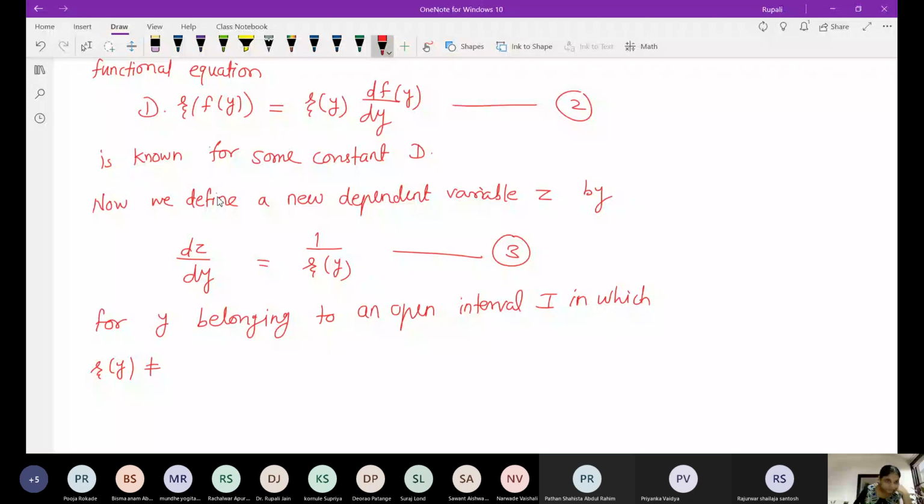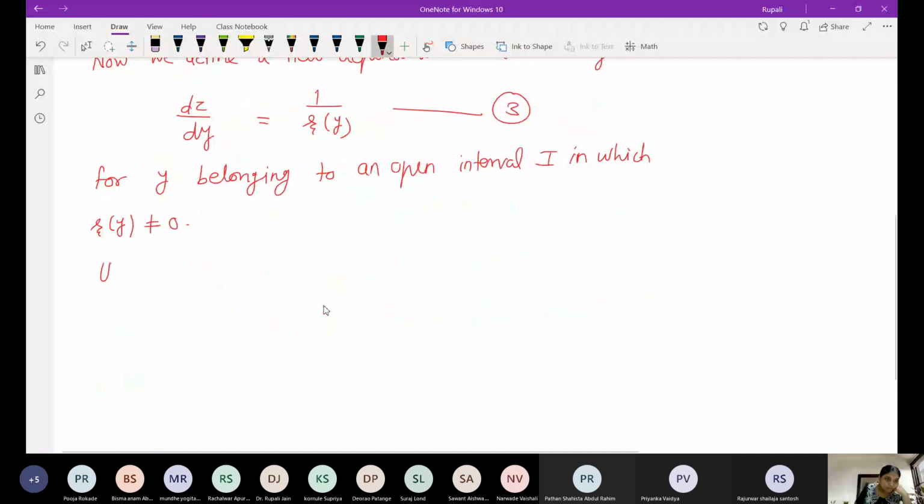Now, using chain rule, we have d by dy of z of f of y.